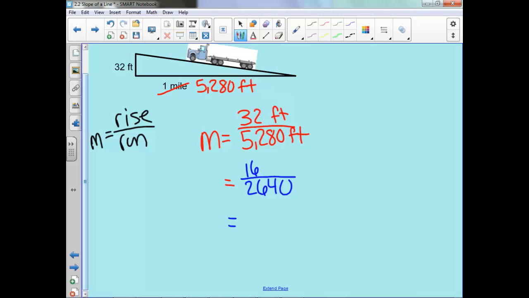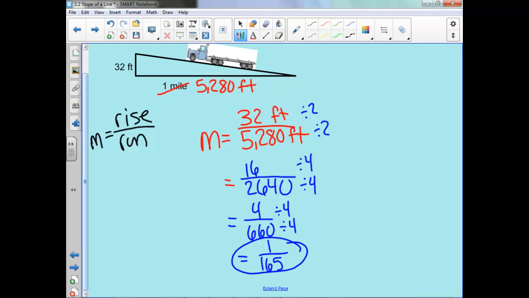Reduced now by 4. Here we divided by 2. Here we divided by 4. And now we're going to divide by 4 again. And there's our slope.